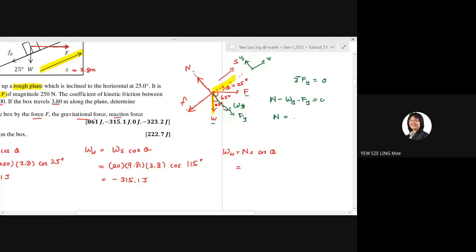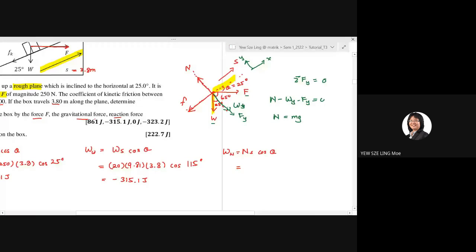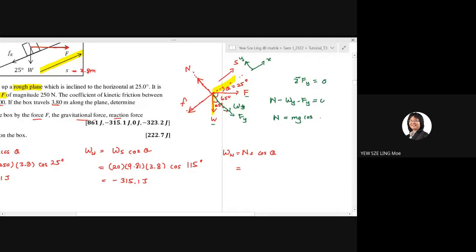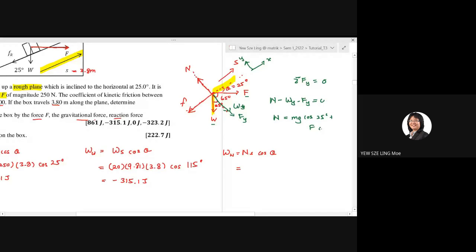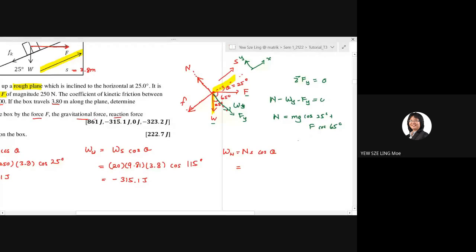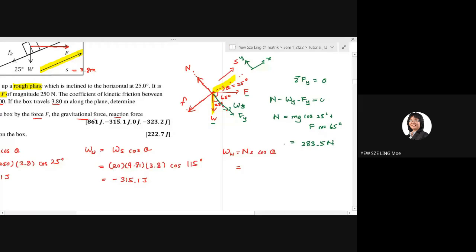Therefore, N equals mg cos 25 degree plus F cos 65 degree, which gives you the normal force as 283.5 Newton. Okay, you yourself try to calculate it, see whether you can get the right answer or not.